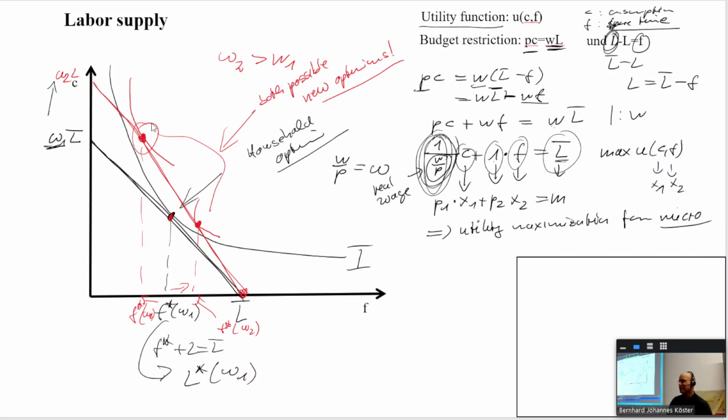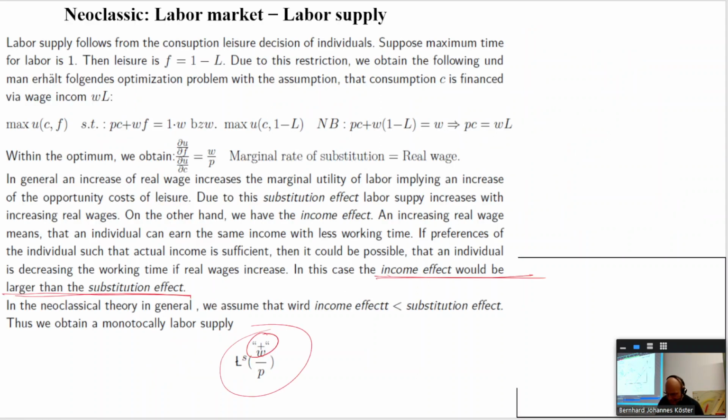Well, then I could buy relatively more consumption goods. But also, this just depends on the individual preferences. And which one is larger within your preferences? Well, this is your free choice. But then, again, we are in the macroeconomic perspective.